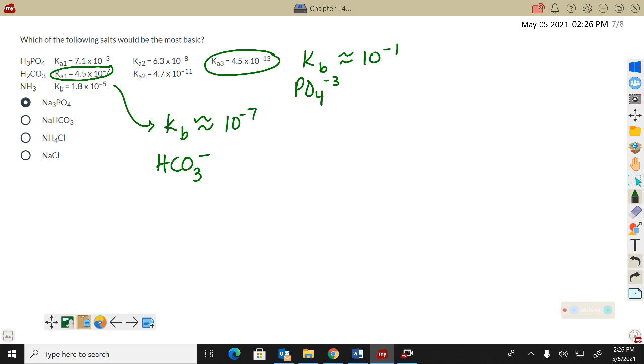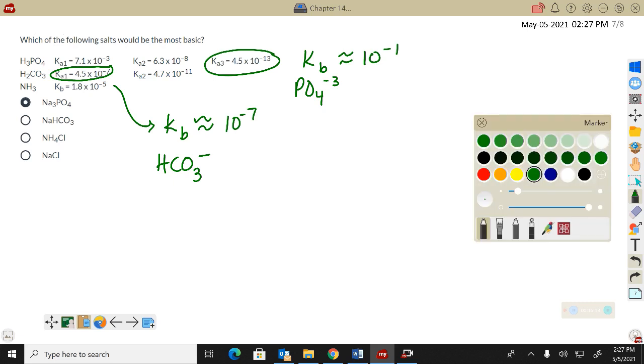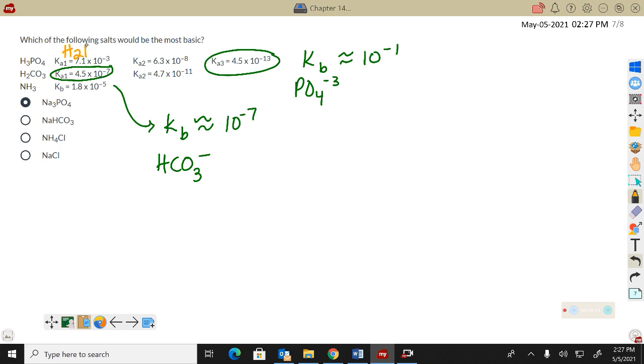I did have to think about what it means to be Ka1, Ka2, Ka3. When you've got more than one hydrogen, each hydrogen comes off one at a time, and they have their own Ka values. So Ka1 for phosphoric acid would be after the loss of one hydrogen. The negative ion left in the solution would be H2PO4 minus.